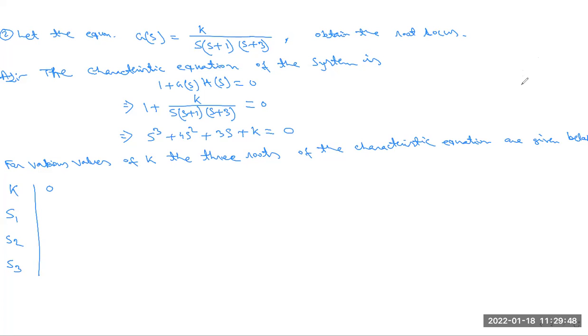Each and every value you have to put here, and see which factor gives 0. So when K is 0, s1 is 0, s2 is -1, s3 is -3.